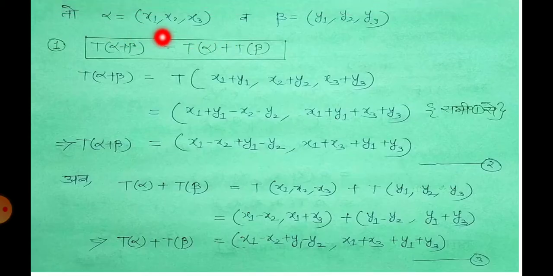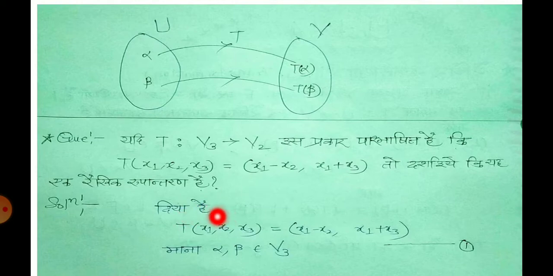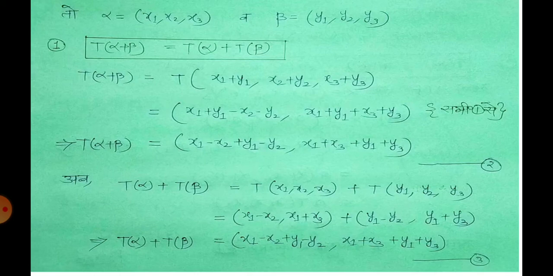Since V3 is in the form of three tuples, alpha will also be in the form of x1, x2, x3 and beta will be in the form of, suppose we take, y1, y2 and y3. So alpha is equal to x1, x2, x3 and beta is equal to y1, y2, y3. To show that capital T is a linear transformation, we have to prove two properties. First property, T of alpha plus beta is equal to T of alpha plus T of beta.